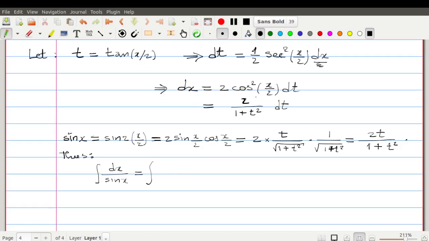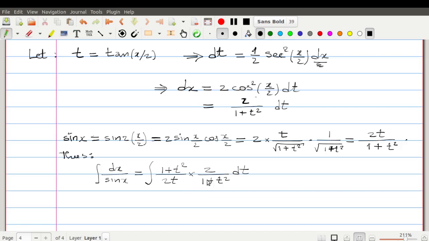So I take the reciprocal of this, that is 1 plus t squared by 2t, into, now the dx is this expression, 2 by 1 plus t squared, into dt.